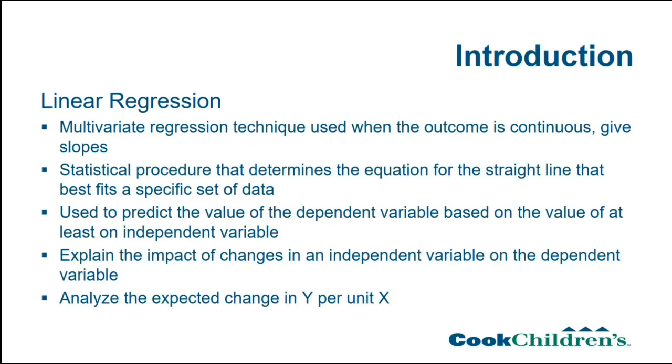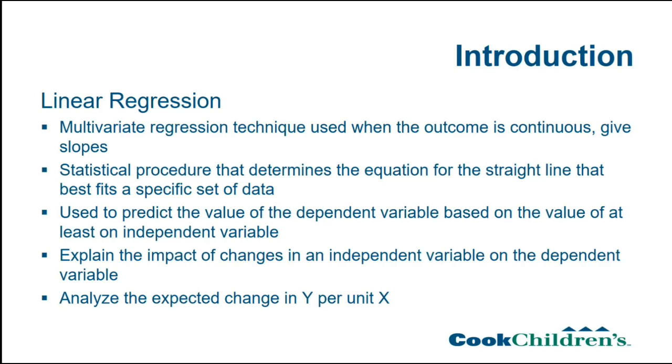So basic linear regression is a regression technique used when the outcome is continuous. It basically gives you a slope of the expected change between two variable groups. It's a statistical procedure that determines the equation of a straight line that best fits a specific set of data, and it's used to predict the value of a dependent variable based on the value of at least one independent variable.